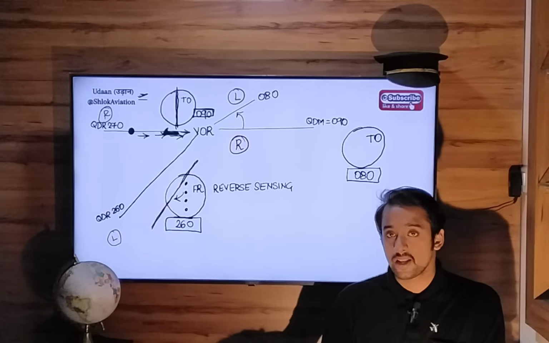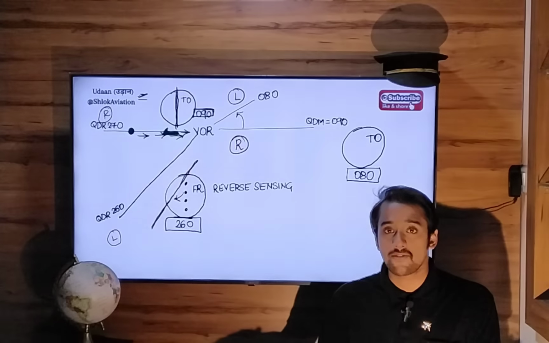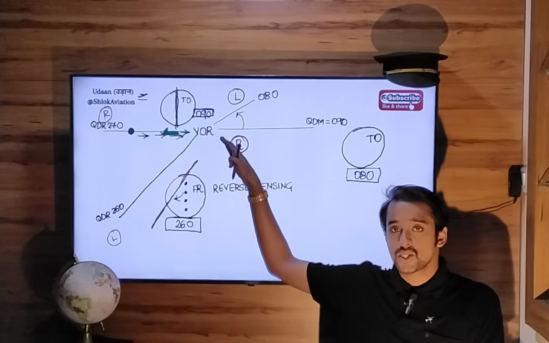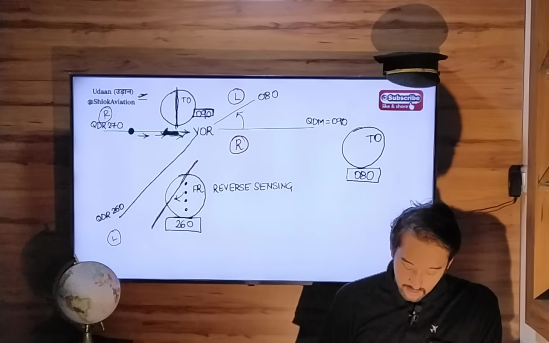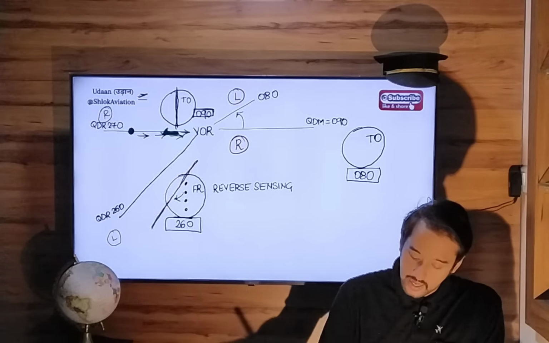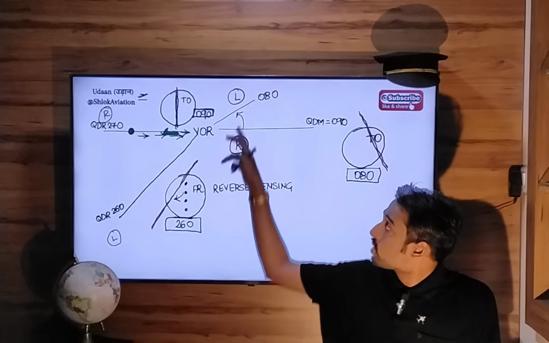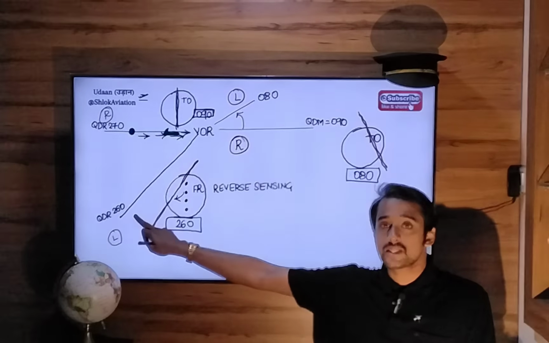Now 080, when going towards the VOR station, is to the left hand side of 090. When going towards, this is your left, this is your right. So your CDI needle will move to the right hand side. Why right hand side? Because 080 is the reciprocal of 260.